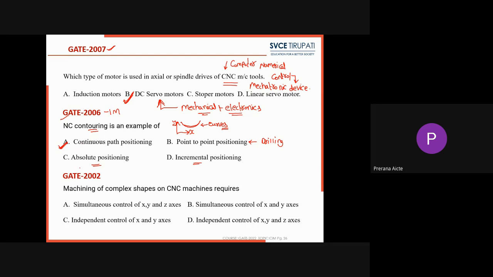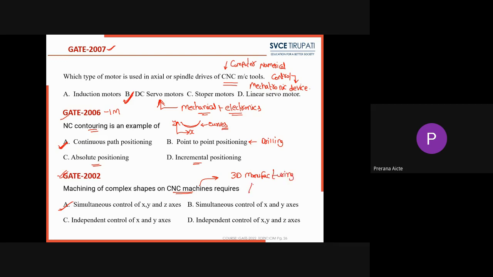Then in GATE 2002, machining of complex shapes on a CNC machine requires dash. If we want to machine a complex shape on a CNC machine, what is required? It is simultaneous control of X, Y and Z axes, because 3D manufacturing is possible in CNC.